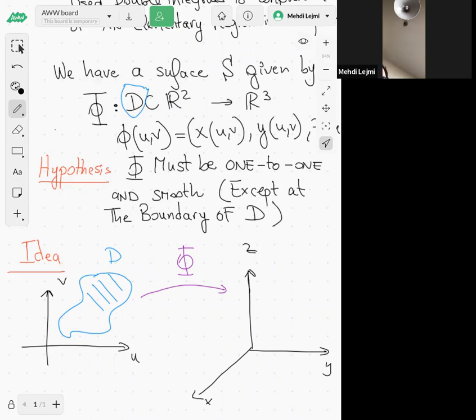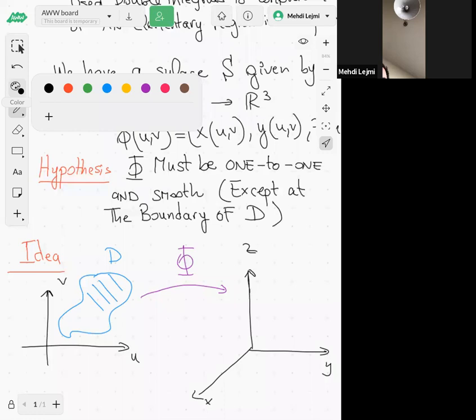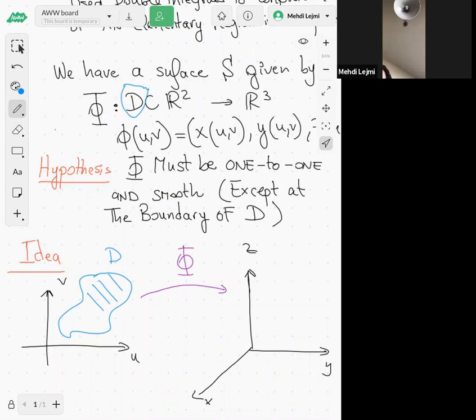The image of D by phi would be some surface. Here's my surface S, the image of D by the function phi.